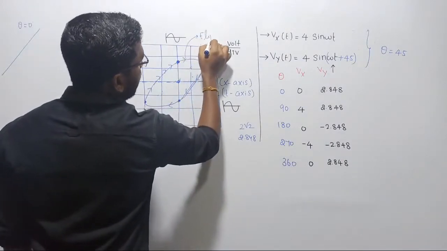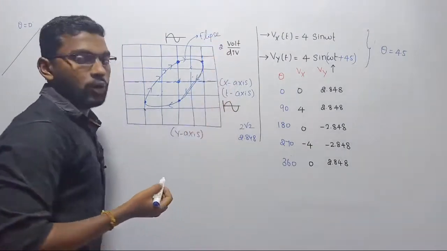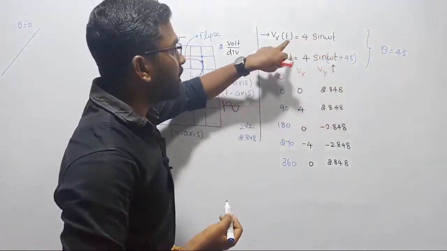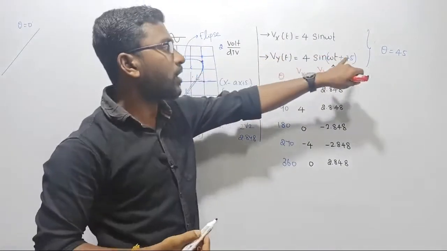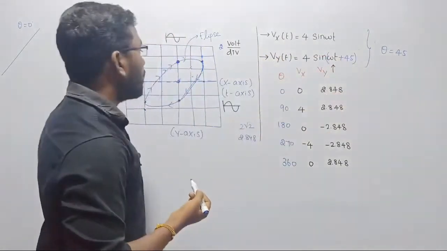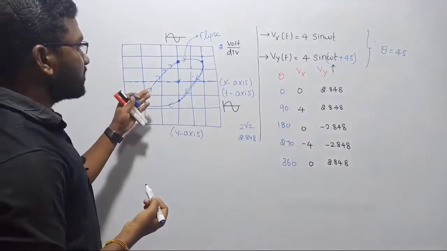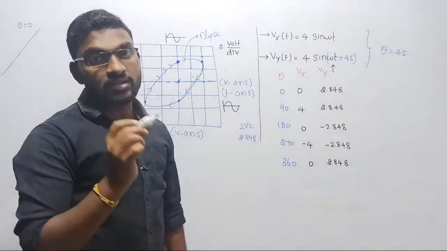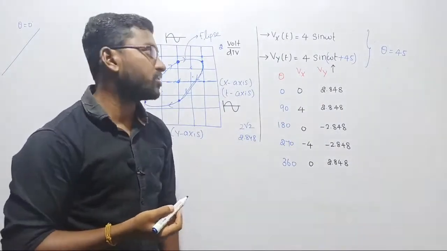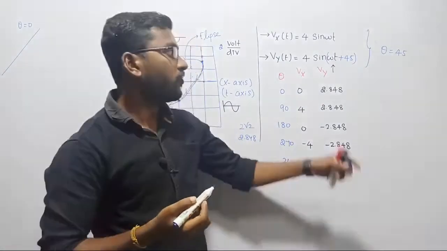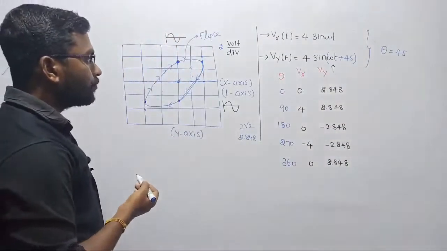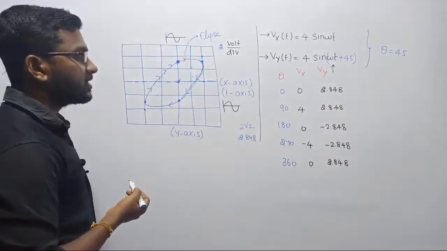Do you all agree with me? Exactly, this is our ellipse. And what is the phase angle difference between the first signal and second signal? If the phase angle difference between the first signal and the second signal is 45 degree, then on the CRO you can observe an ellipse. Right? You will be tested on some 2 mark and 1 mark questions: if the phase angle difference between the first and the second signal is 45 degree, what type of pattern can you observe on the screen of the CRO?